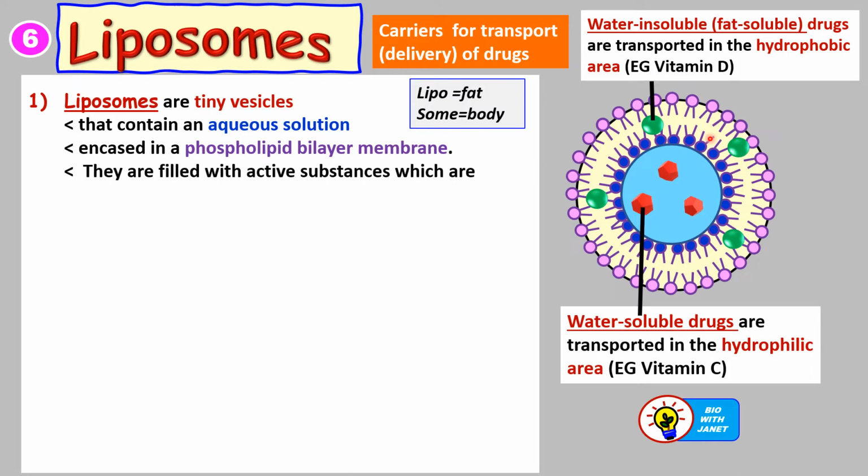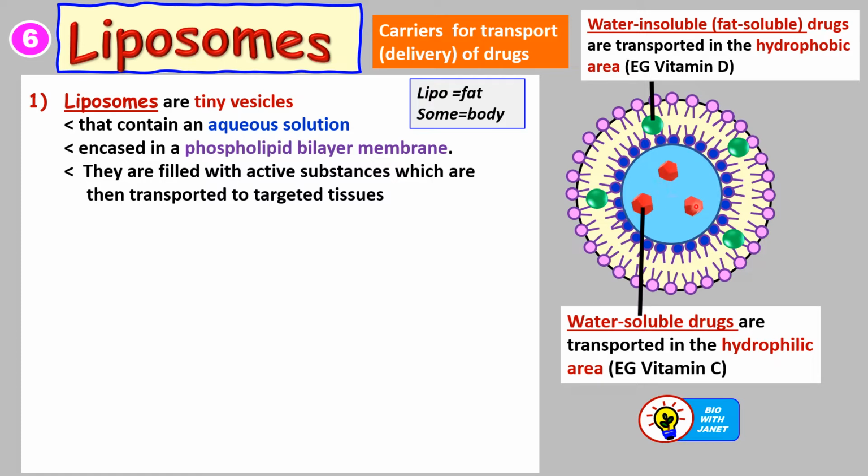So what is the function of a liposome? Now, liposomes can be filled with active substances or medication or drugs, which are then transported inside the liposome to targeted tissues. Okay, so let's see where they are carried. Now, since there are two areas here, the hydrophilic area is the one inside the cell.